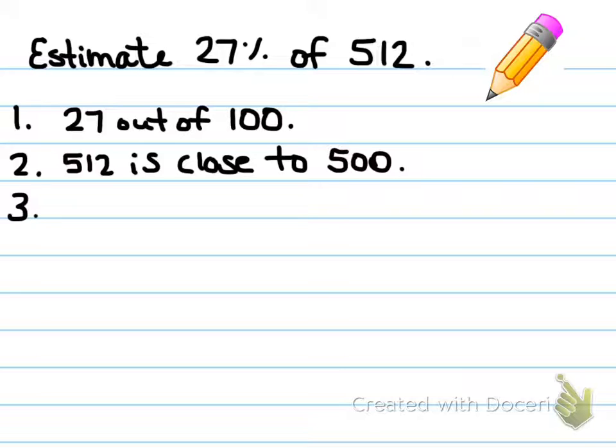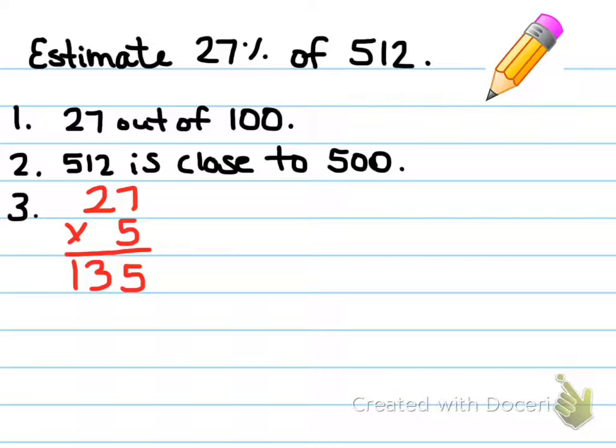You need to estimate 512, round it to the nearest 100, which would be 500. You would have to round down in this case. And now you are going to say basically 27 times 5, because it's 5 hundreds. And so 27 times 5 is 135.